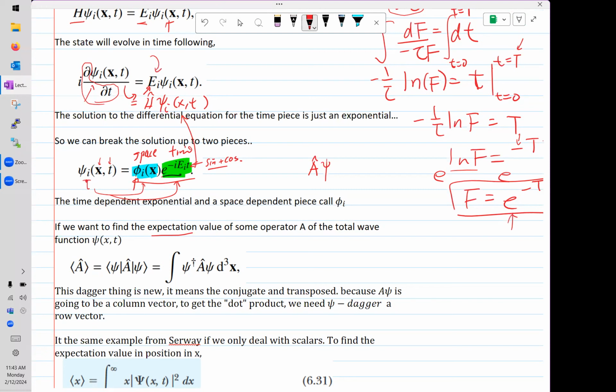But in order to figure out the value on average you're going to get, which is known as the expectation value, you also have the psi star on the other side. In fact, you actually have to do this with a psi star.